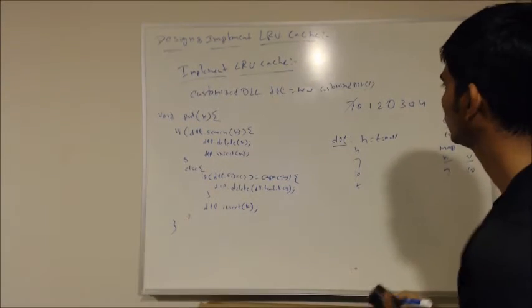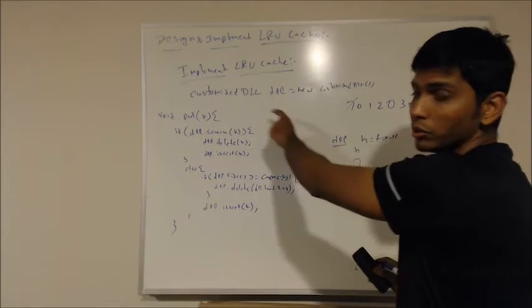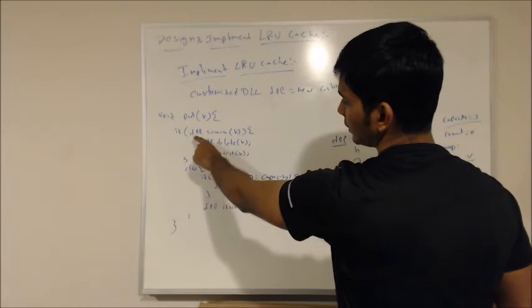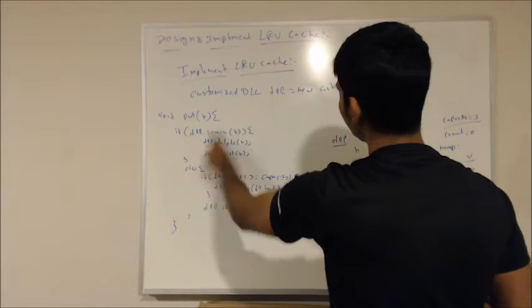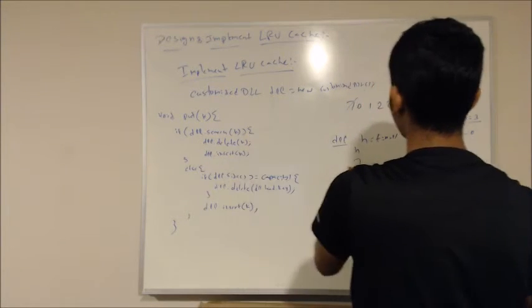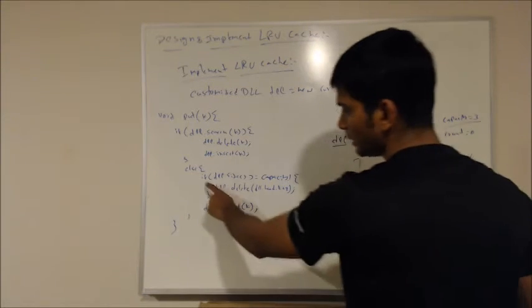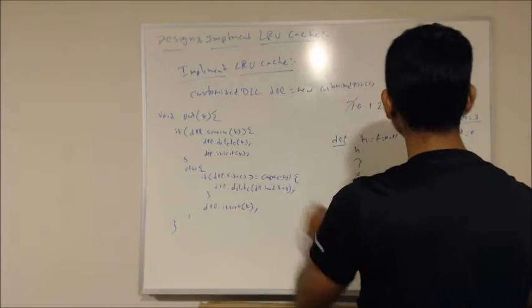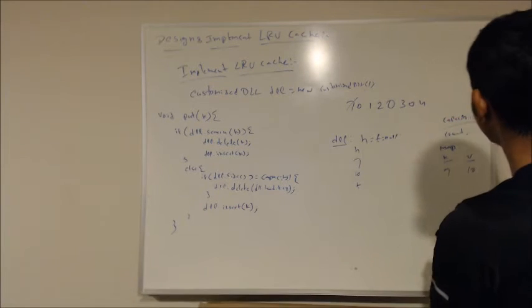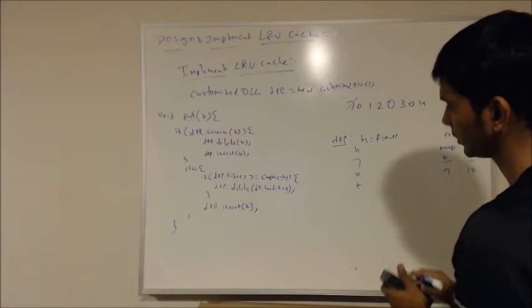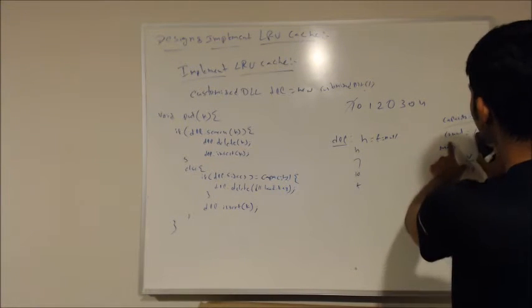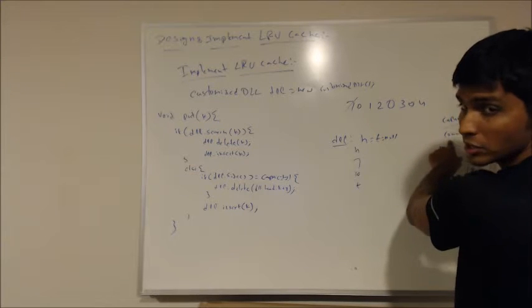Next we'll insert 0. So we'll call put on 0. Again we'll check whether my DLL contains 0. No, because we only have 7. Then we'll check whether we reached maximum capacity. No, our count is 1, and we have capacity up to 3.